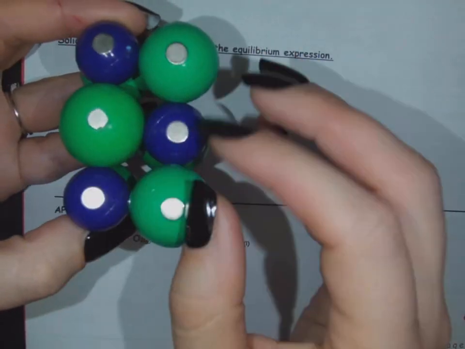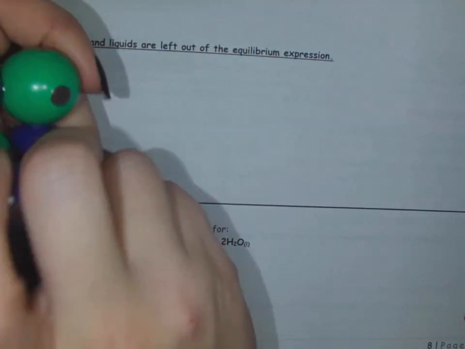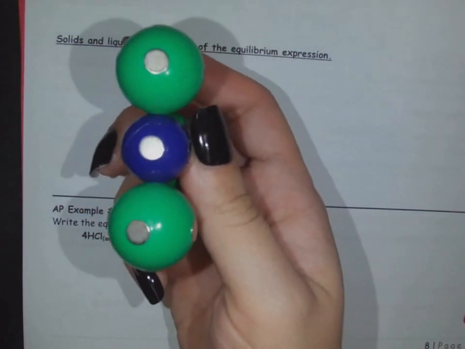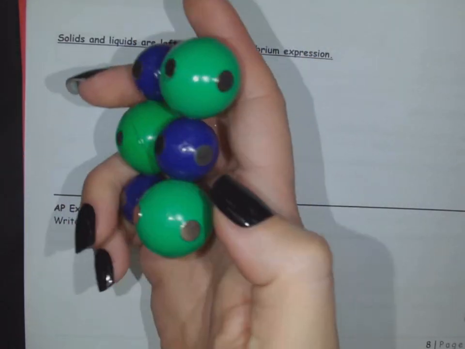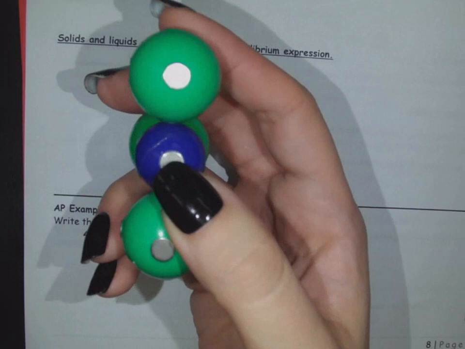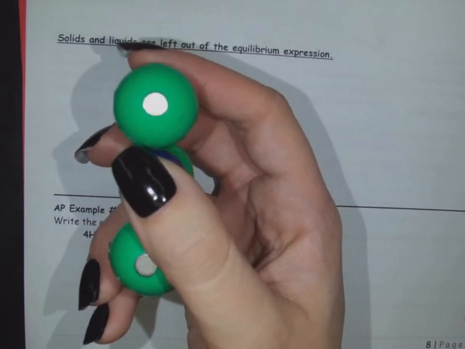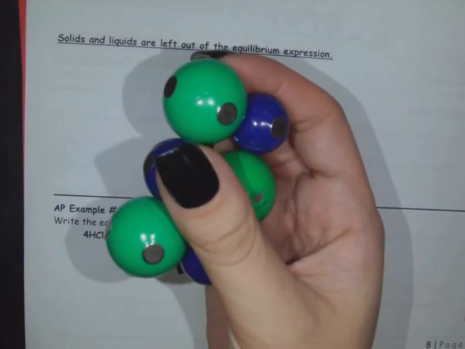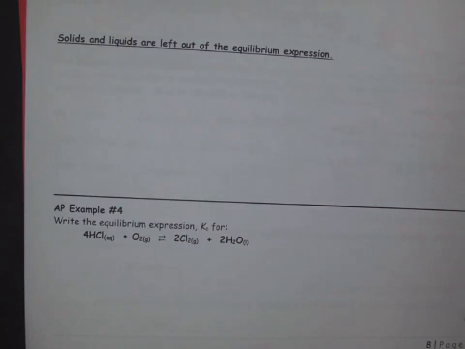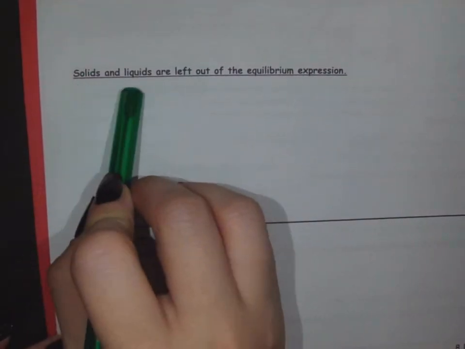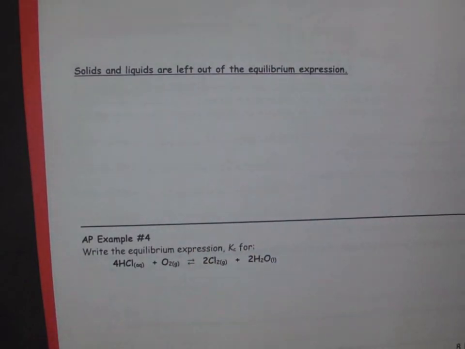So here is the mass, and it's divided by the volume. If I get rid of any of this solid, I got rid of mass, but what did I also get rid of? Volume. I got rid of half of the mass, and that got rid of half of the volume. So because whatever change in mass is equivalent to a change in volume, concentrations of solids, and this is also true for liquids, do not change. So if I have a solid or a liquid, I leave them out of these equilibrium expressions.